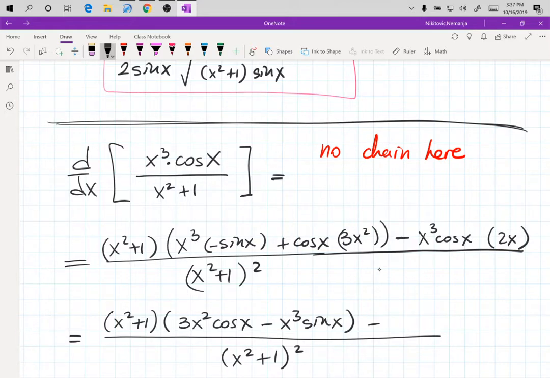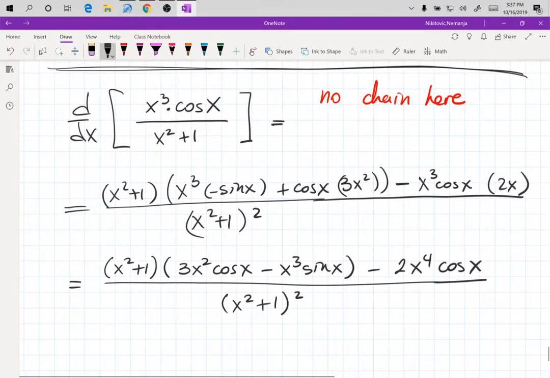Then I have minus 2x to the 4 cosine x. So I could technically factor out x squared because all three terms have x squared, but there is no x squared to cancel with in the denominator, so we'll just leave it here.